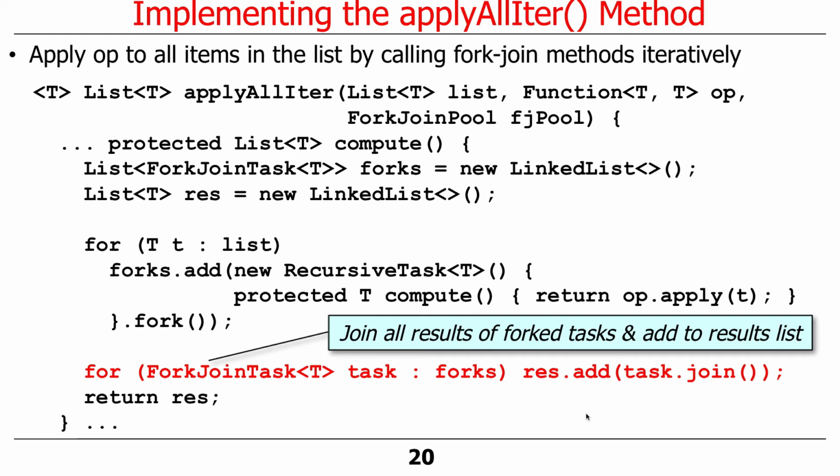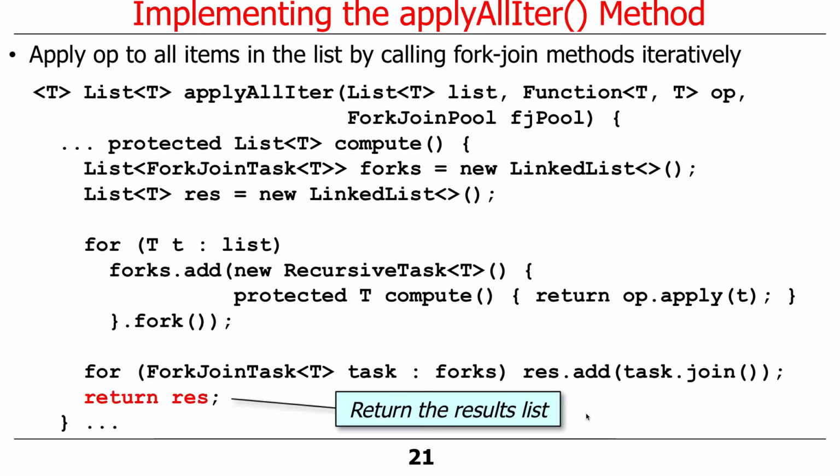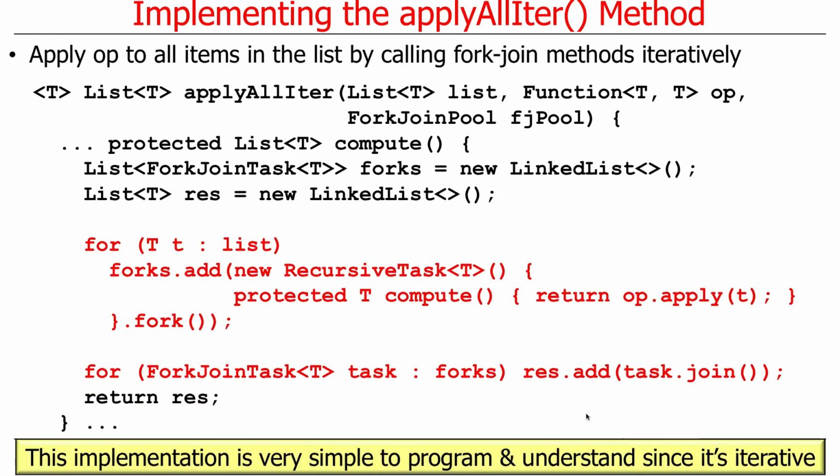That's the pitch-in model. That's the way ForkJoinTasks work. So that's one of the distinctions between a Java thread join, which really puts the thread to sleep, and a ForkJoinTask join, where the thread that's calling join can pitch in and do other processing. And then we return the results. So that's what this implementation looks like.